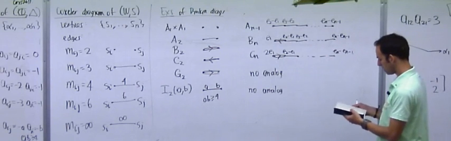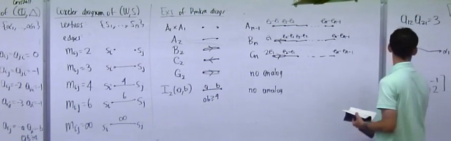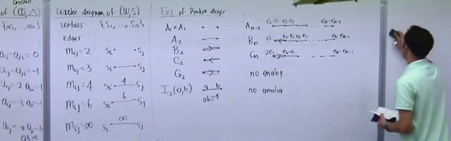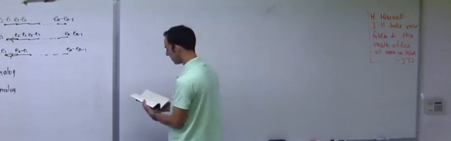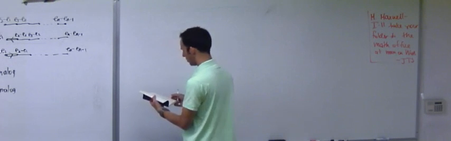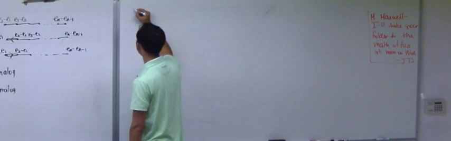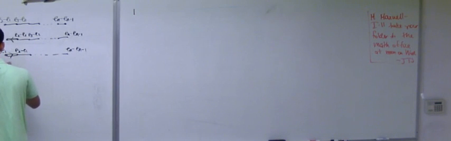So these are some Dynkin diagrams. Well, let me say no nice analog, and we'll see what nice means.